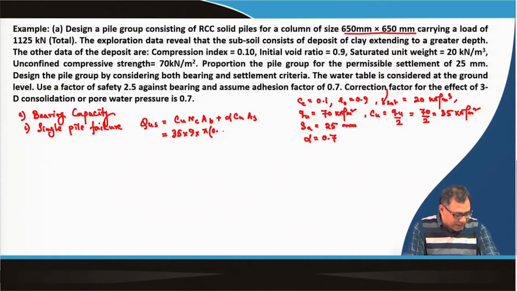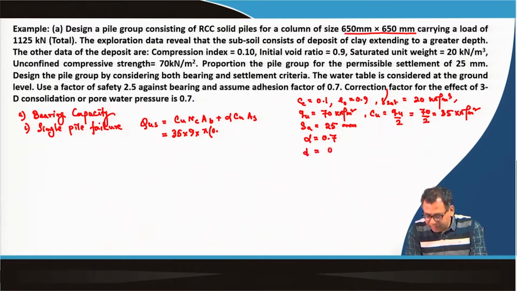So first we are assuming, for the first trial, the diameter is 0.3 meter. So the diameter of the pile is 0.3, which is assumed for the first trial.